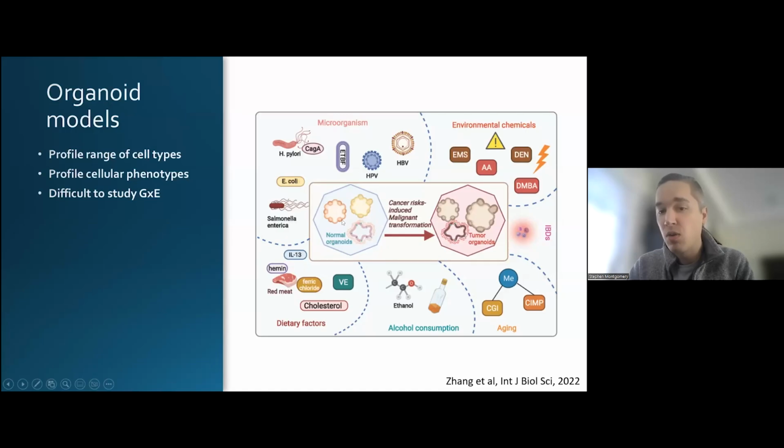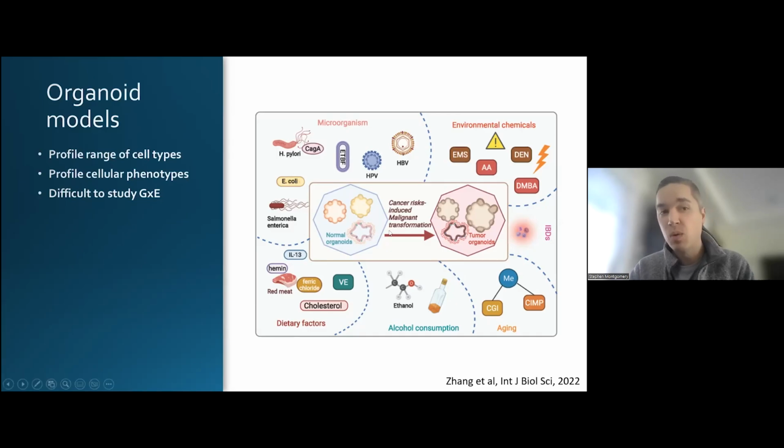So largely looking at normal organoids and how they transition to tumor organoids through exposures of different microorganisms, environmental chemicals, dietary factors, alcohol, in this case ethanol, stimulation on the cell lines, or various aging related pathways. So there has been established literature exploring this in great detail.